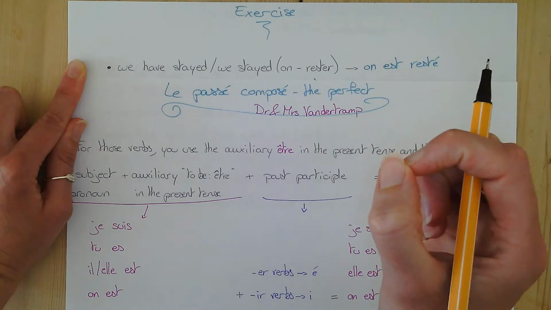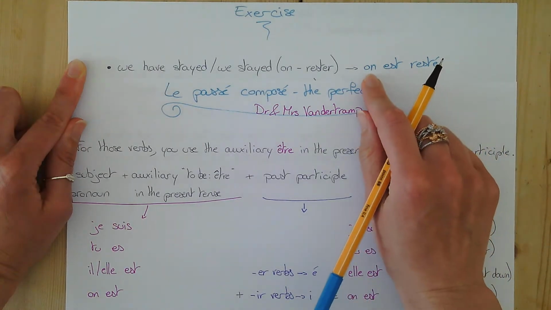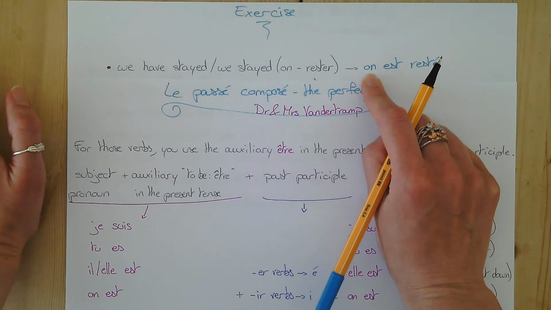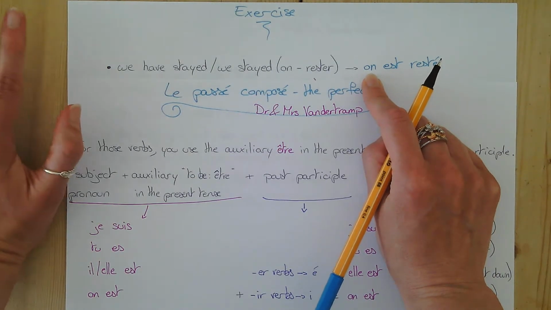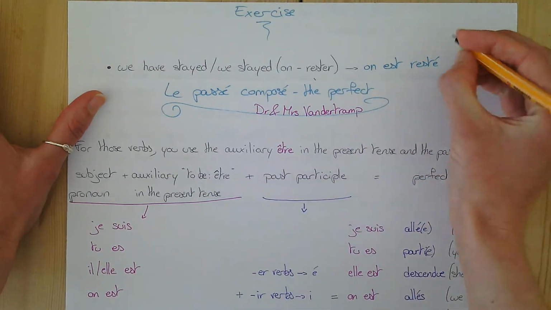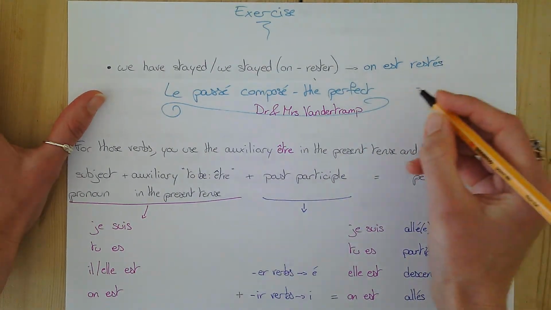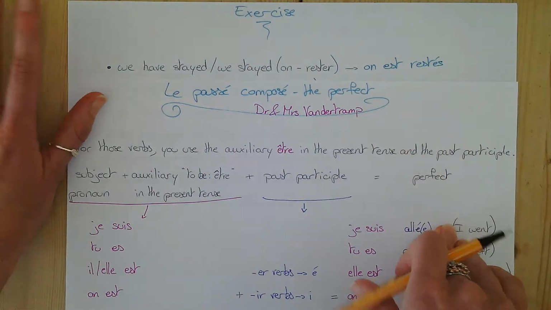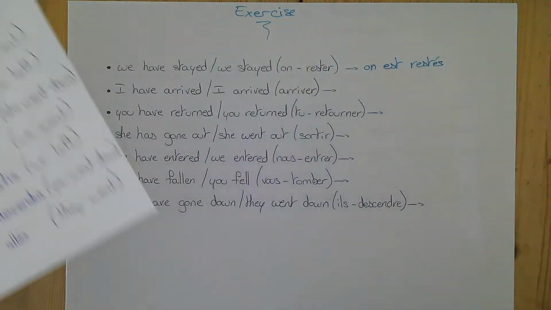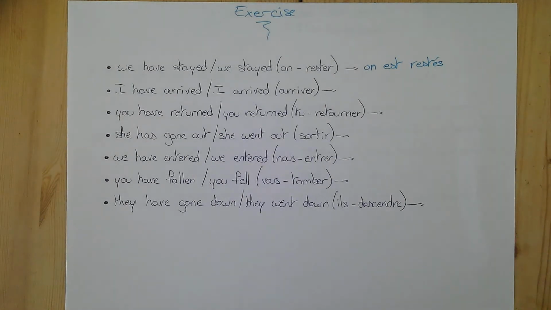And once again, the last bit that you can't forget, we is plural. I haven't decided if it's masculine plural or feminine plural. Let's say it's masculine plural, so I don't need an E, but I absolutely need an S. So we stayed or we have stayed, on est restés with an S. Take a few seconds, or even better, pause the video and take a few minutes, and I'll mark that in 5 seconds.